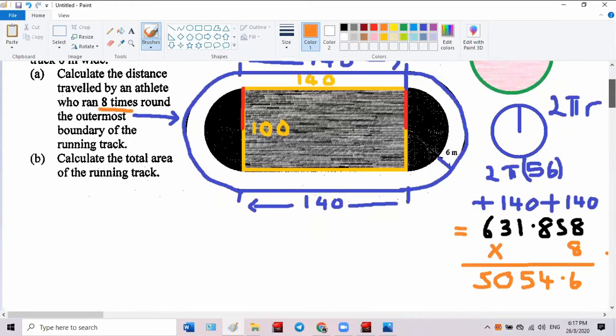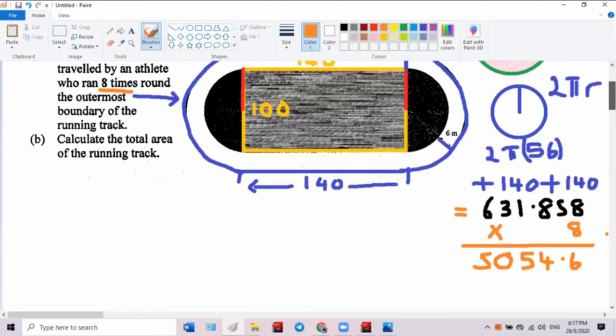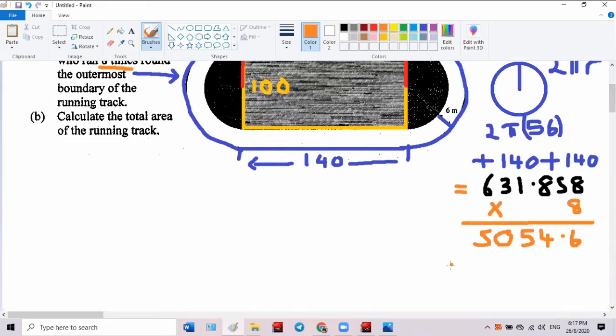Because when they didn't tell you to give in decimal or 1 decimal, you have to give in 3 significant figures. In this case, change to 3 significant figures is what?